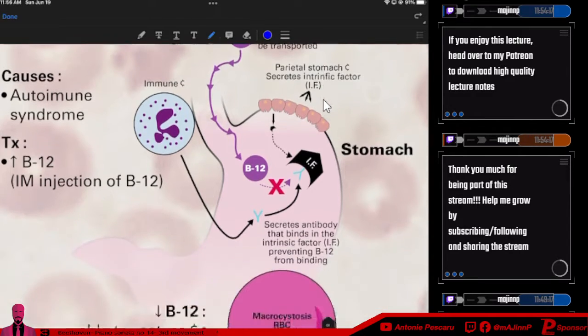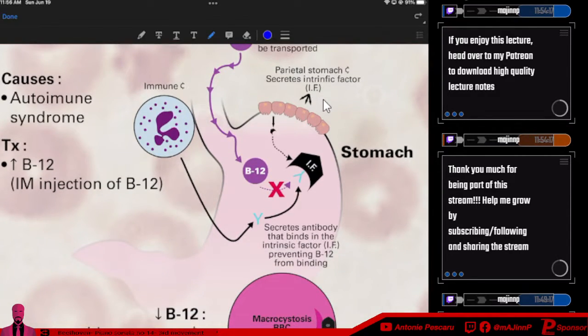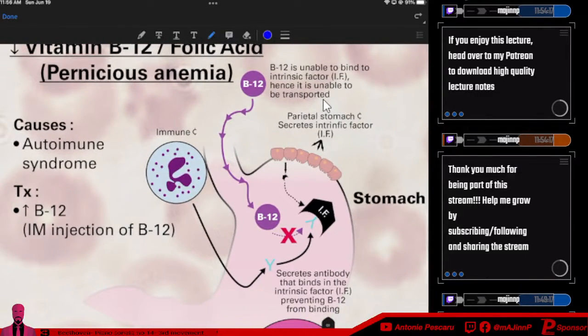Basically, this one is like a sort of immune response attack. It's an autoimmune syndrome because your immune cells begin attacking the vitamin B12, or they can also attack, same thing for the folic acid, they just attack it.